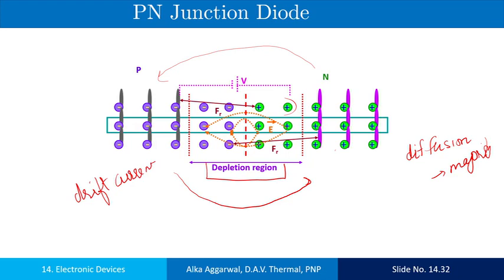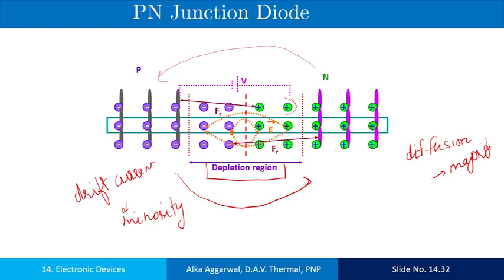Drift current is due to the minority carriers and diffusion current is due to the majority carriers. The drift current and the diffusion current are in opposite directions. Initially, the diffusion current is large and the drift current is small.